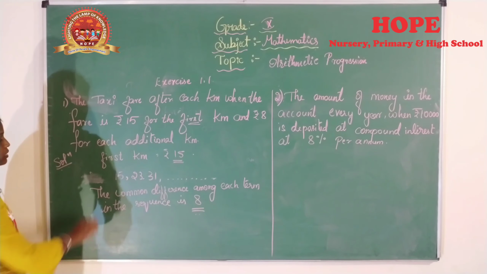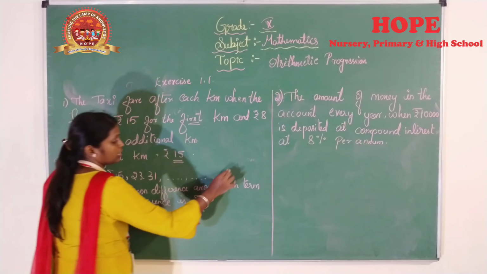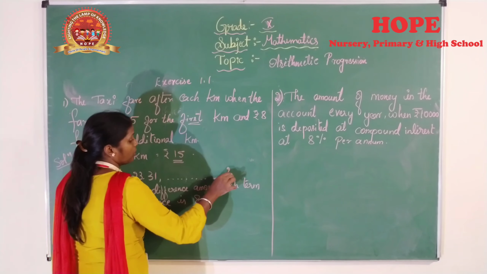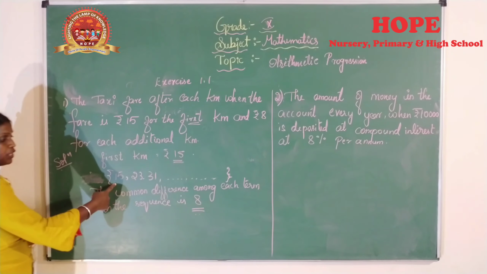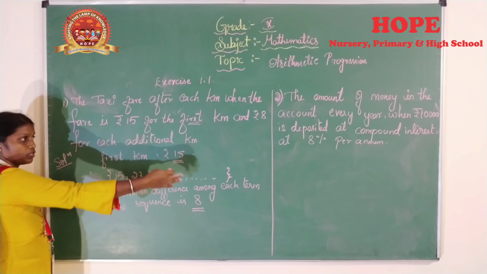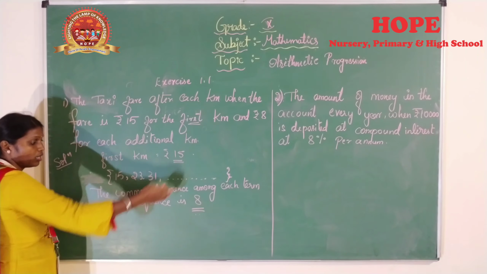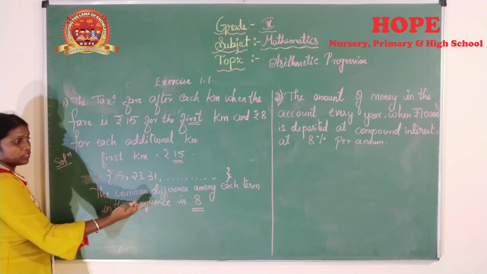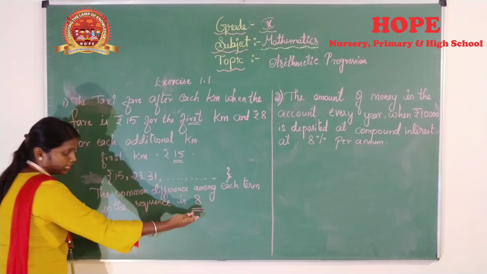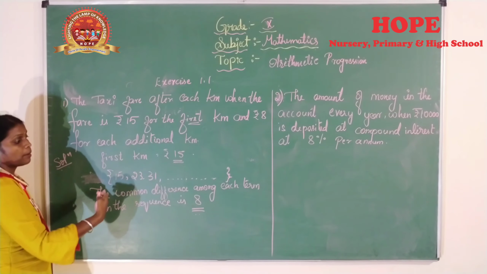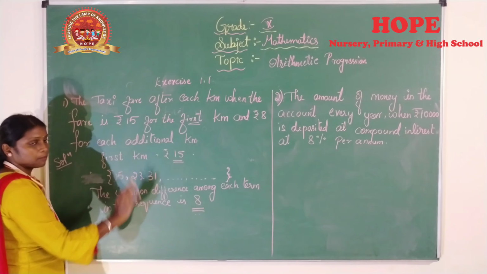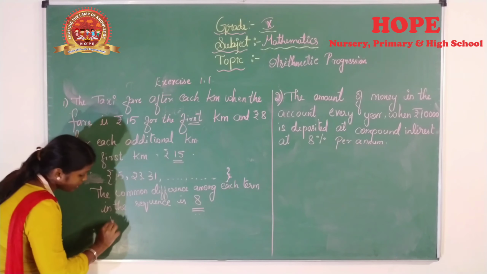This is how we write the sequence. They asked you to write the sequence. It will still go on: 15, 23, 31, and so on. If you add 8 to 31 again it will move on. So here we have the common difference of 8, and this will be a perfect arithmetic progression.